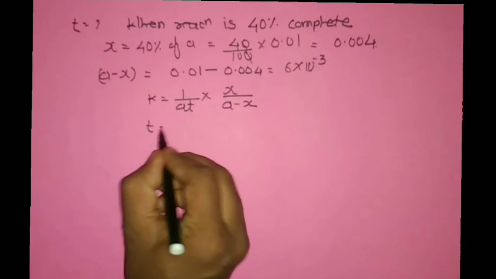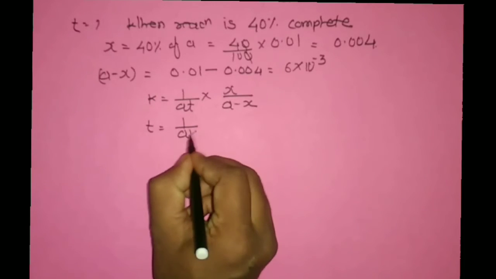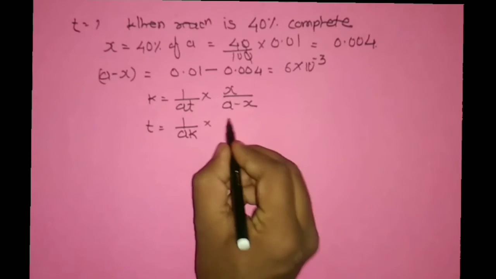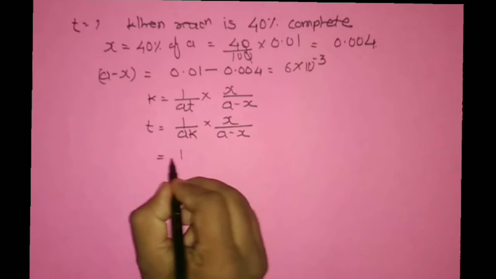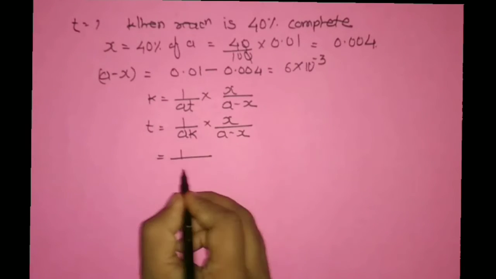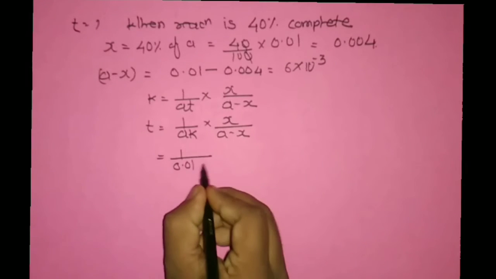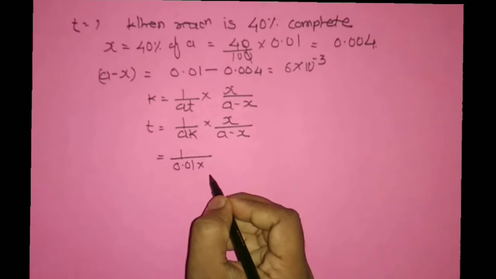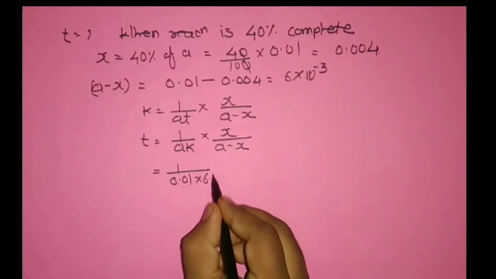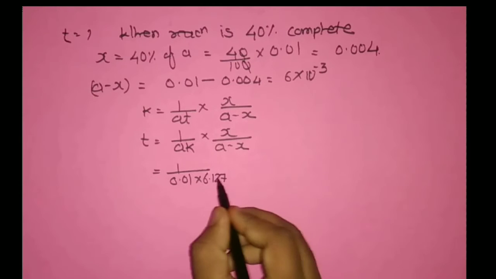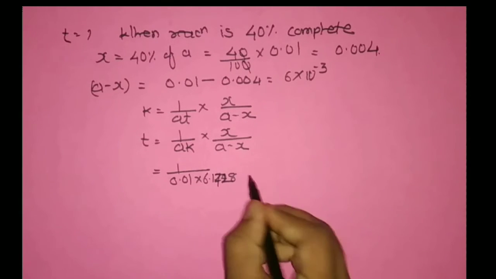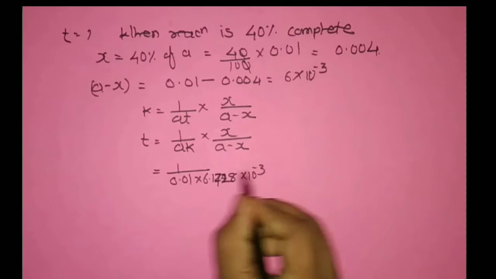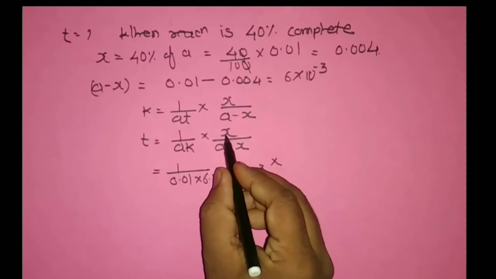What is the value for t? It becomes 1 upon AK, K will come over here, into x upon A minus x. 1 upon the value for initial concentration of reactant, that is 0.01, into the value for rate constant, 6.1728 into 10 raised to minus 3, into, what is x?